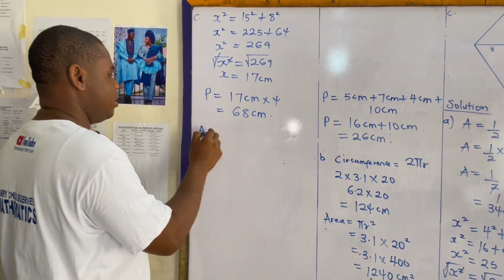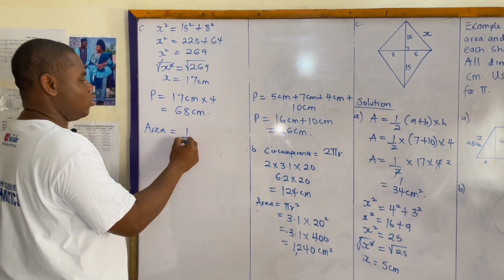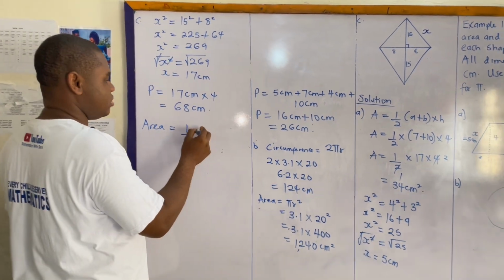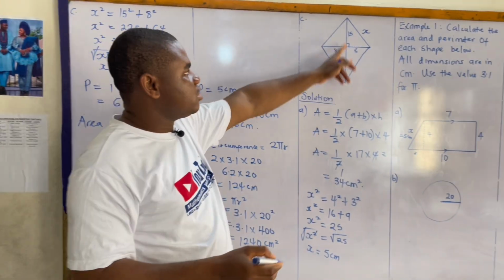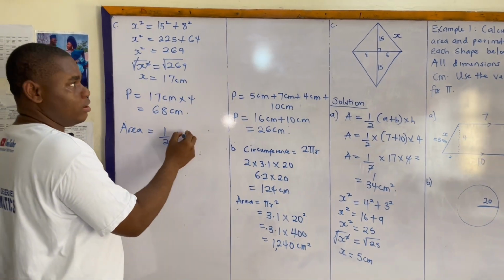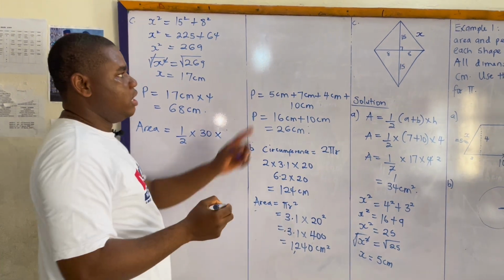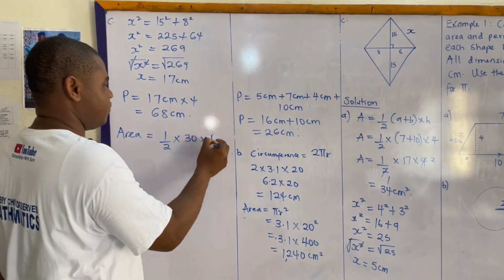Now to calculate the area of the kite, it will be 1/2 times the two diagonals. We have 15 plus 15, that will give me 30, and 8 plus 8 will give me 16.